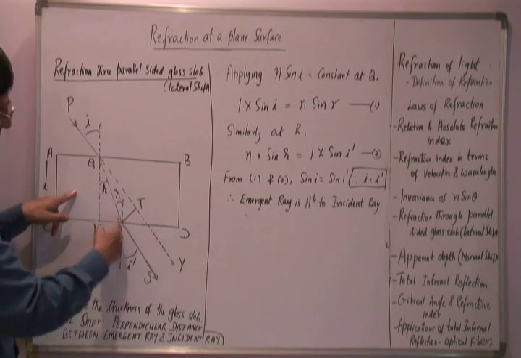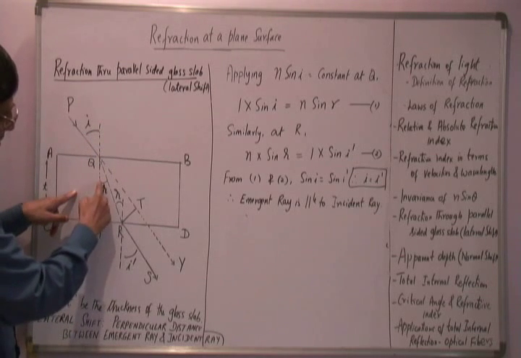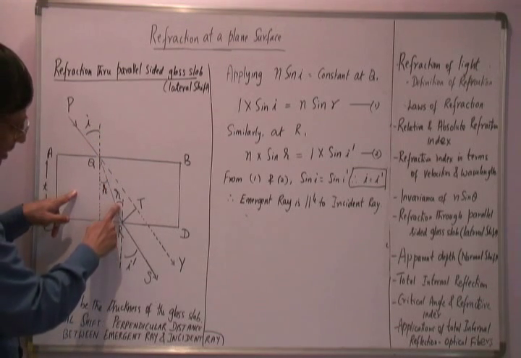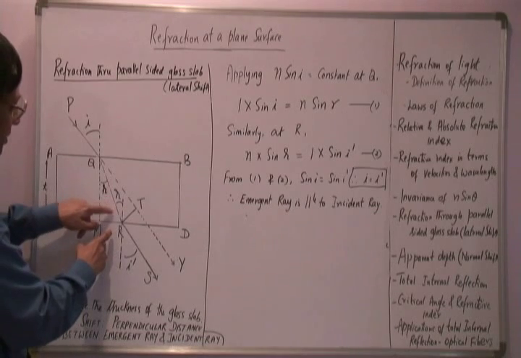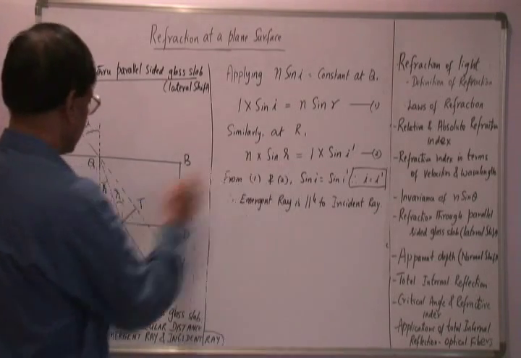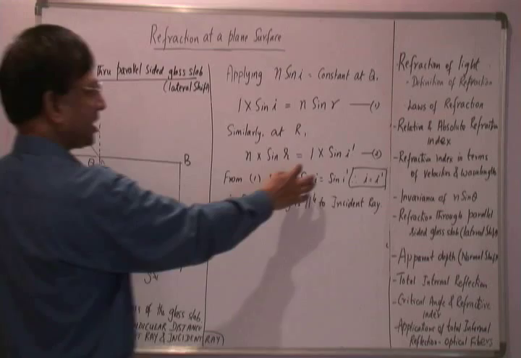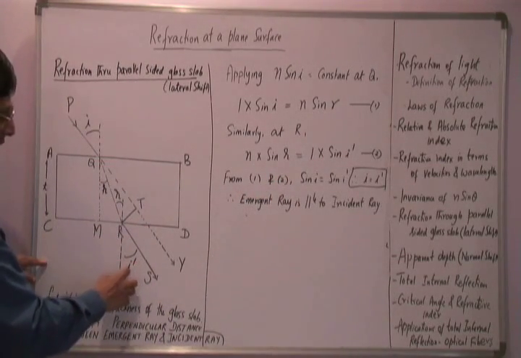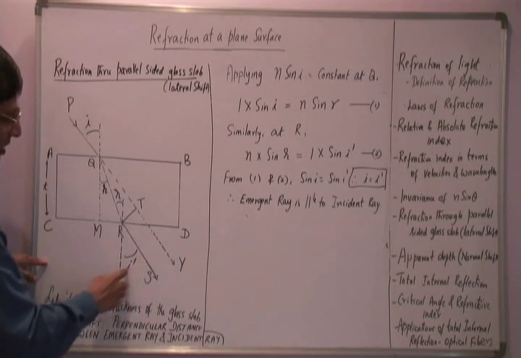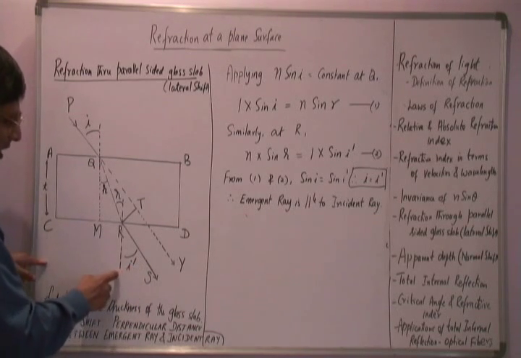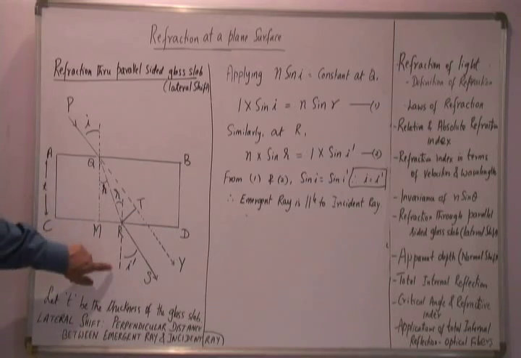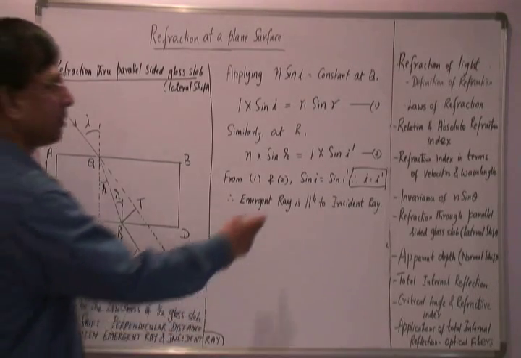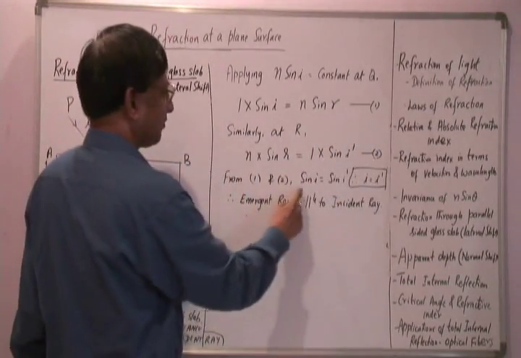This is the normal, and since this angle is r, this angle is r too. Therefore n sine r at this point is the same as 1 into sine I dash, where I dash is the angle between the emergent ray and the normal at this point R.